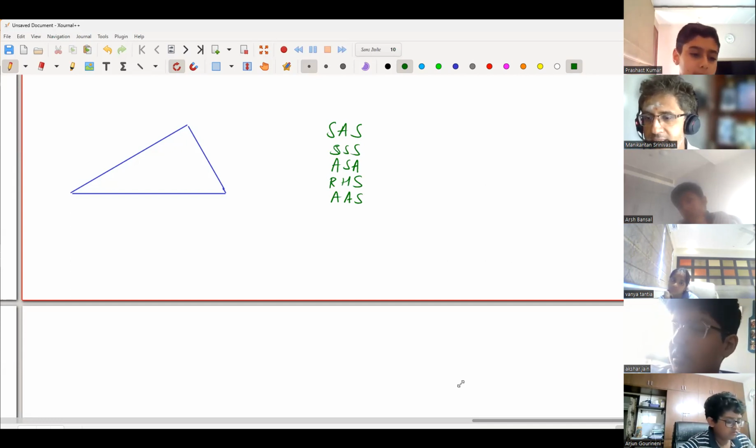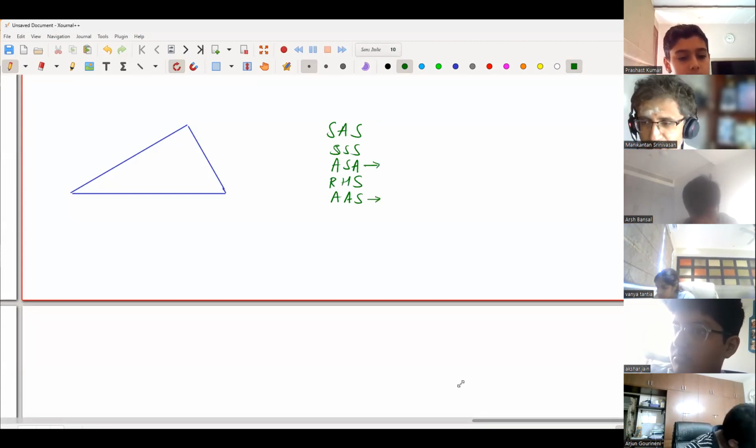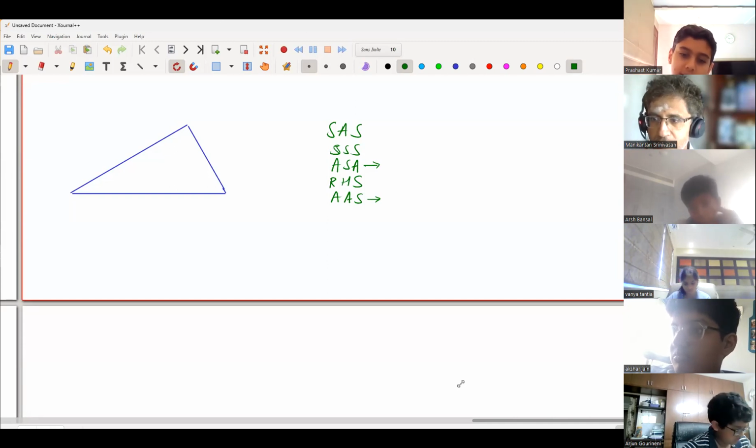Why do you think that is the case, Sukrit? I'm asking Sukrit. Sukrit, there's an AAS property and ASA property of proving congruency. Why are both effectively the same? Why do you think? Sir, we haven't done congruency of triangles yet. You have not done congruency of triangles yet.